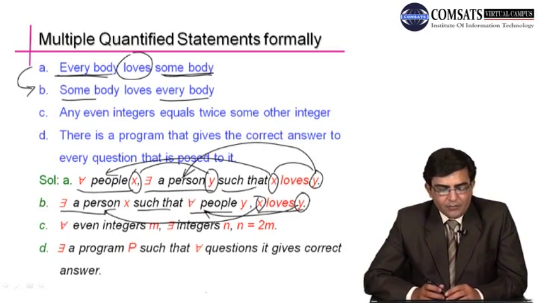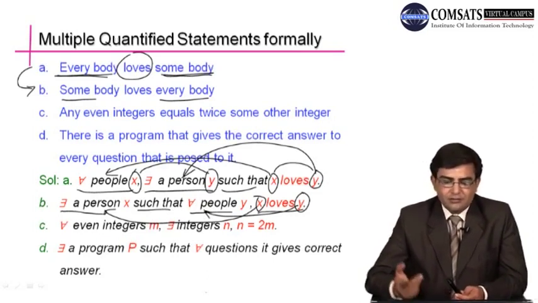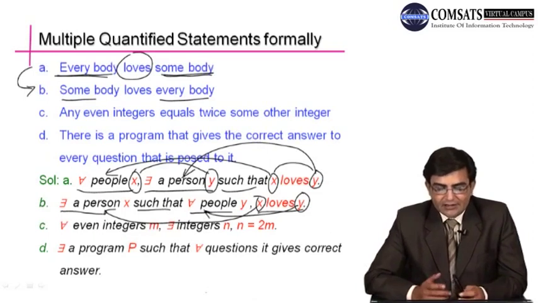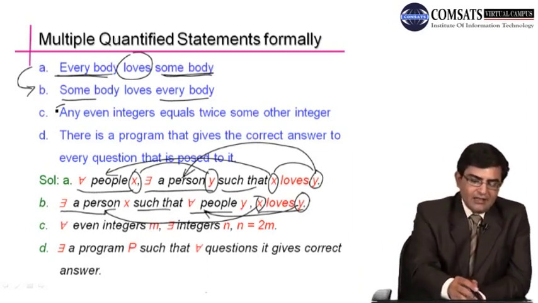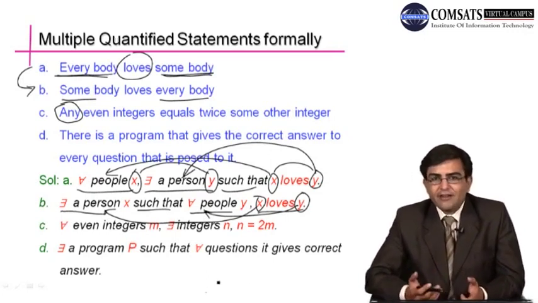Now in part C, any even integer equals twice some other integer. This is very famous, that any even integer can be written in the form of 2n where n belongs to Z. We have discussed such a statement in basic number theory. So how to translate this informal statement into a formal statement? Here any or everybody means for all, every.